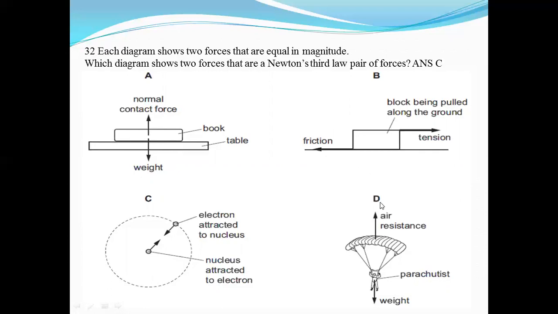Over here, also the same. Over here, the forces are acting on different bodies, but their magnitude is not the same. The length of the weight arrow is smaller as compared to the length of the air resistance. According to the law, they should be acting on different bodies, their magnitude should be the same and the direction should be opposite. So correct answer is C.